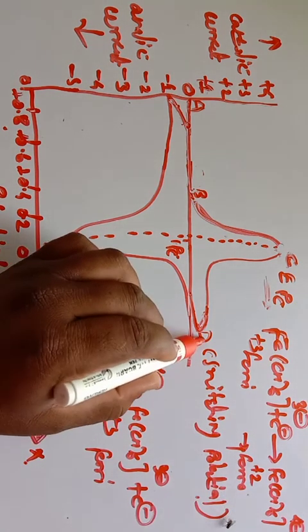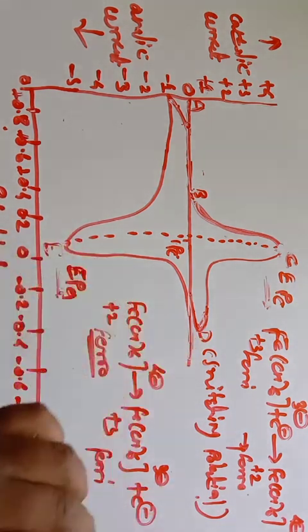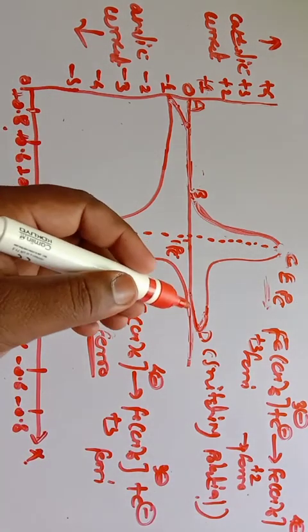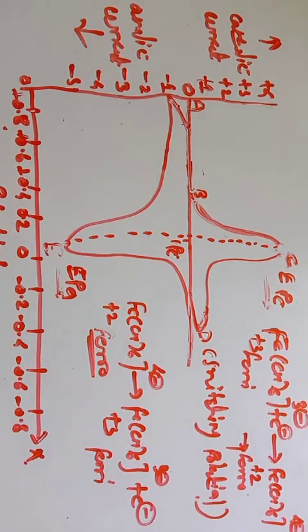And this is your switching potential. At that point, we scan the potential in the reverse direction. So it is very easy to understand the cyclic voltammogram for this potassium ferrocyanide couple.